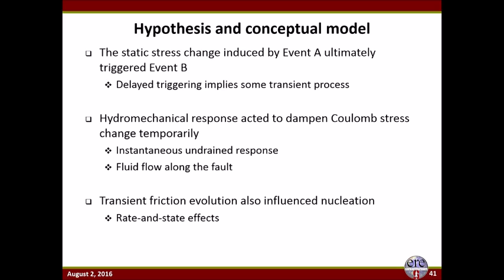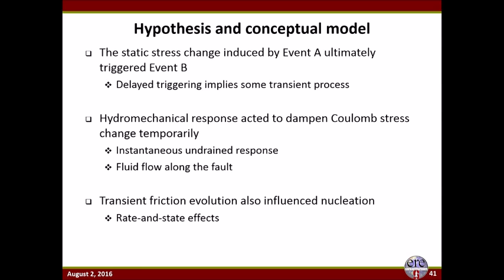The hypothesis that I worked under was that the main earthquake was actually triggered by the static stress change that occurred during the first event. But because there was this 20-hour delay, that suggests some transient process was involved.